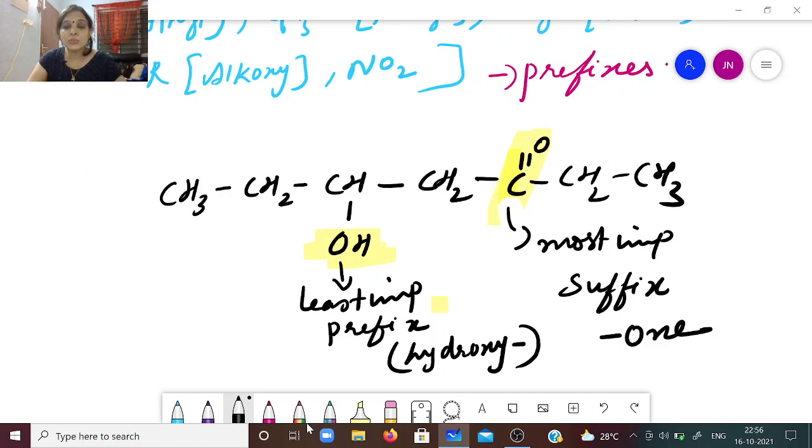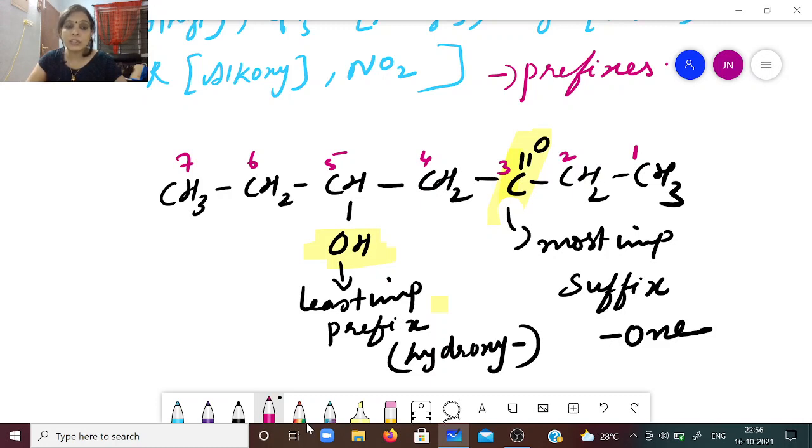So I should count in such a way that the ketone gets the least number. So I should count from right to left: 1, 2, 3, 4, 5, 6, 7. Okay, so what will I get? The fifth carbon has the hydroxy group, the third carbon is ONE.